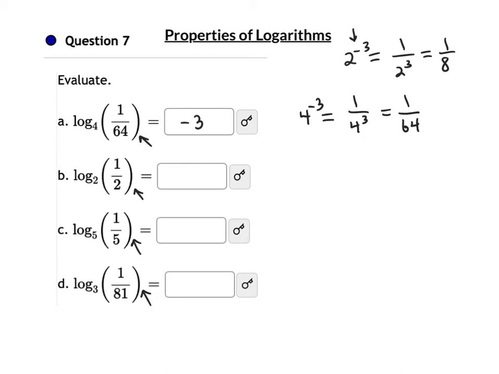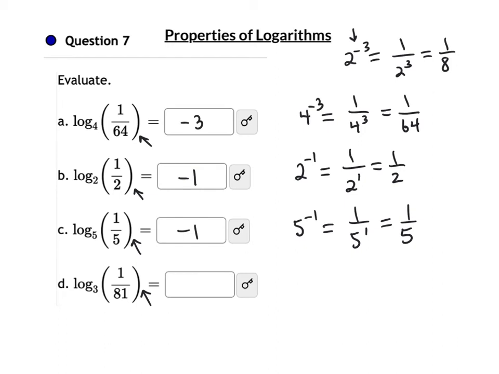For the next one, 2 to some power is 1/2. 2 to the negative 1st is 1/2, because 2 to the negative 1st is 1 over 2 to the 1st, which is 1/2. The next one is also negative 1, because 5 to the negative 1st is 1 over 5 to the 1st, or 1/5.